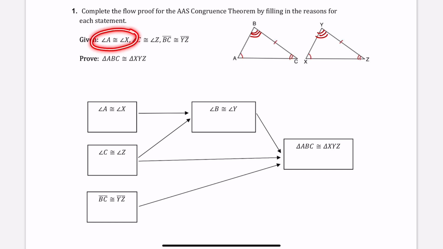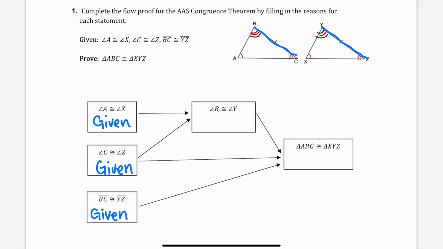We know that angle A is congruent to angle X. Here, those two angles are the same. That is given. Angle C is congruent to angle Z. That is also given. And BC is congruent to YZ. That is also given.